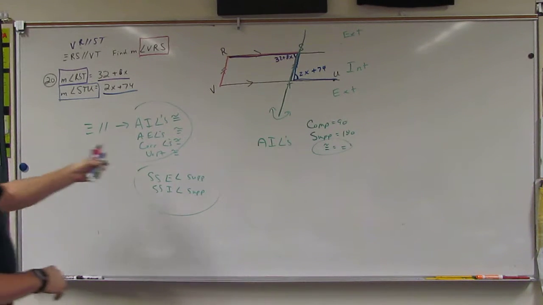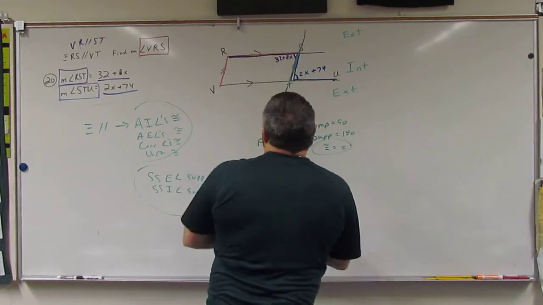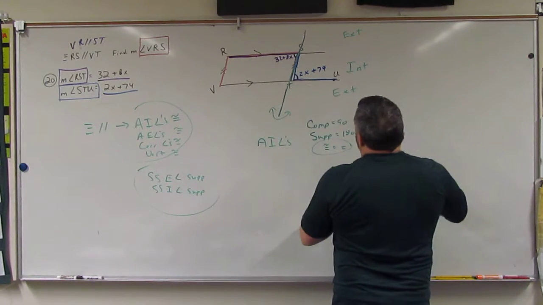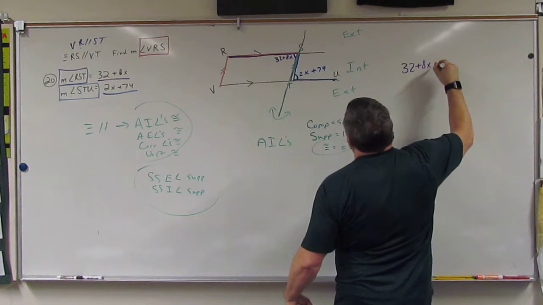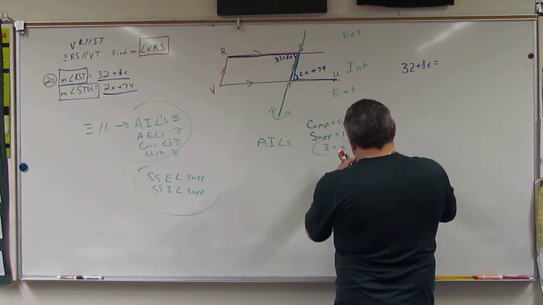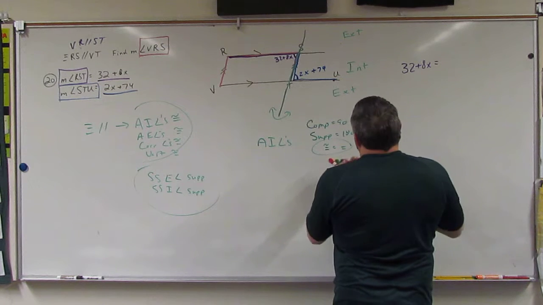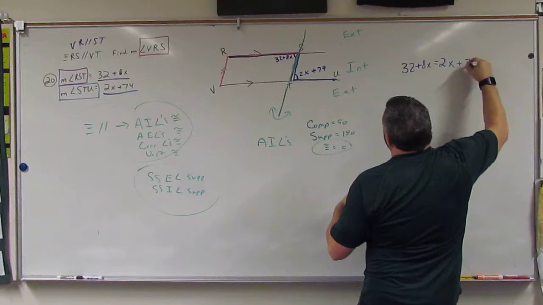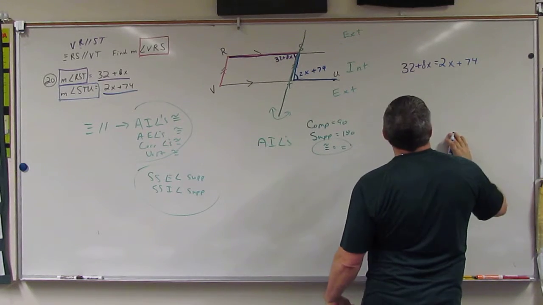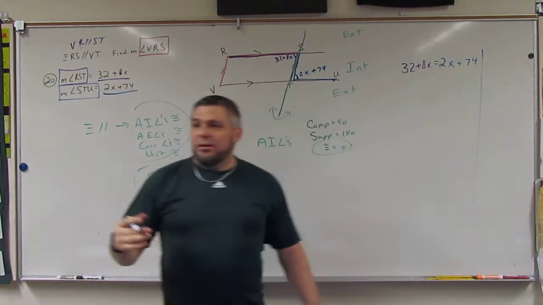Okay? So that means that the purple one, 32 plus 8x, is equal to the blue one, which is 2x plus 74, right? And why?